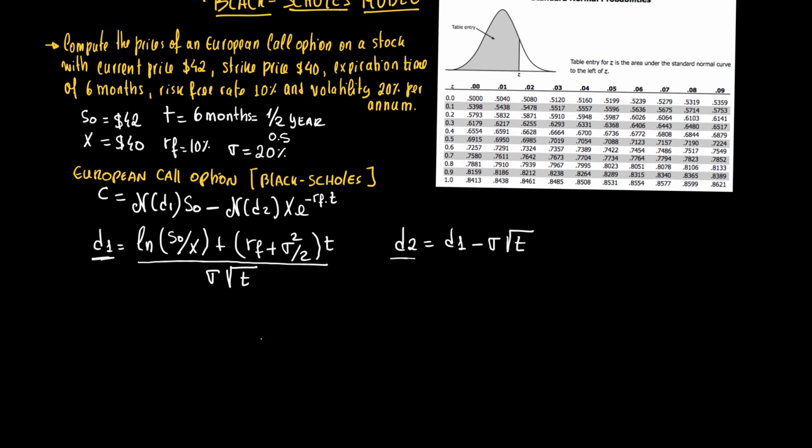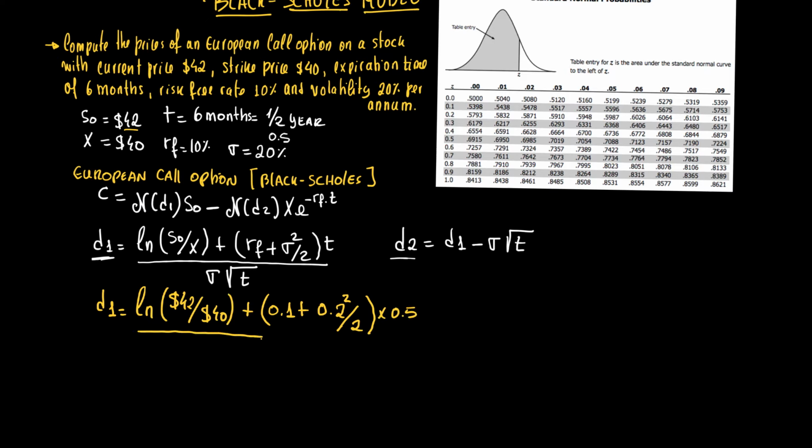D1 is going to be the logarithm of the current stock price, which is $42, divided by the strike price, which is $40, plus the risk-free rate, which is 10%, plus the variance, 0.2 squared divided by 2, multiplied by the time period, which is 0.5, divided by the volatility multiplied by the square root of the time period.